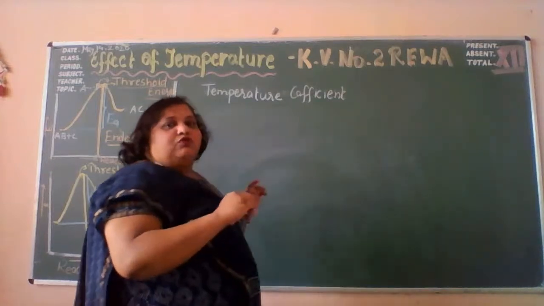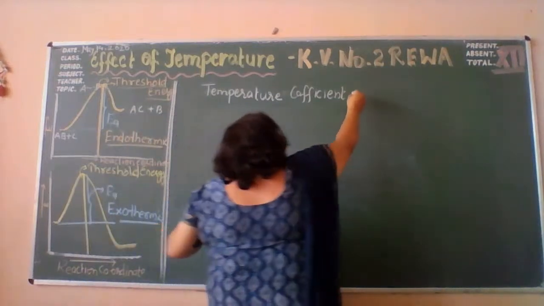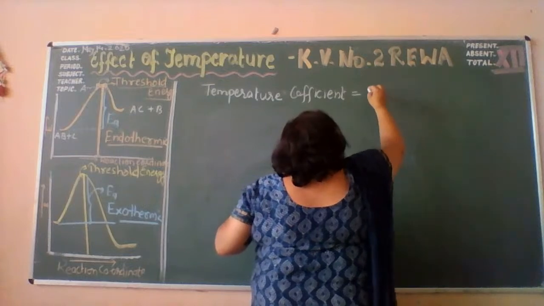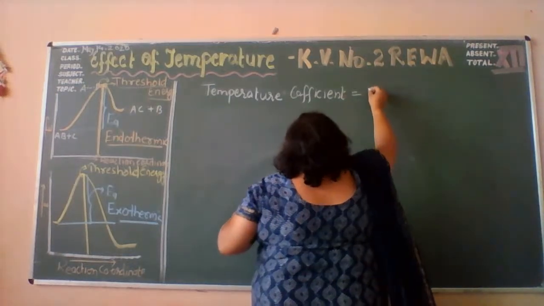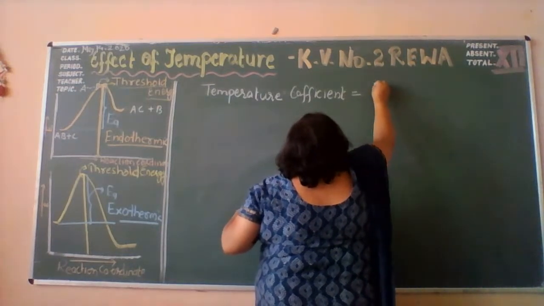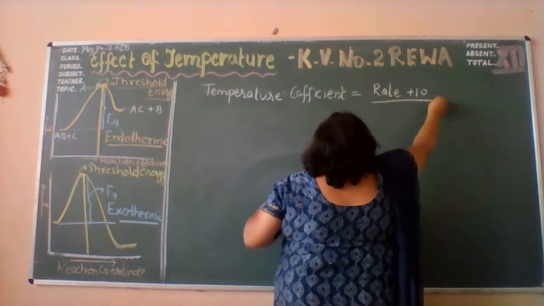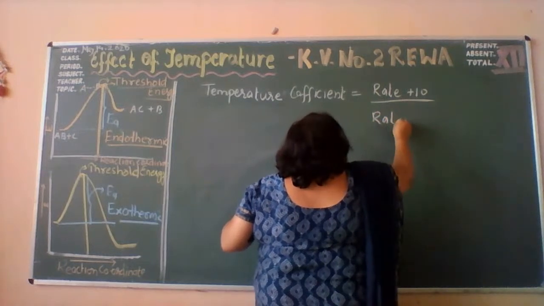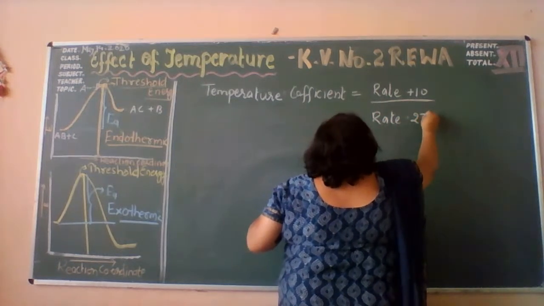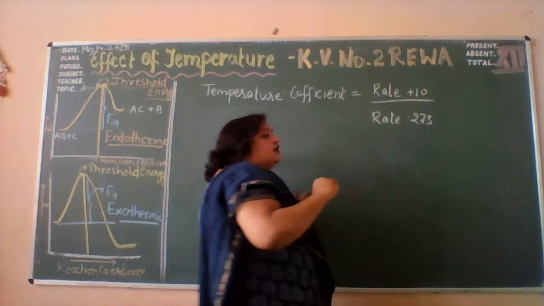In the temperature coefficient, what is the rate of reaction at a given temperature, or 10 degrees plus, and rate at 273 Kelvin. Right. This is a comparative.